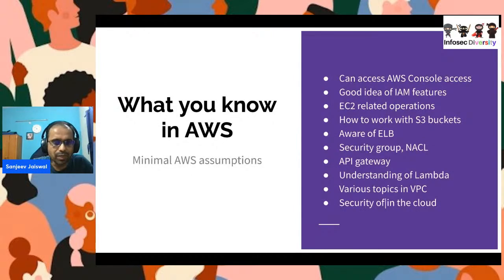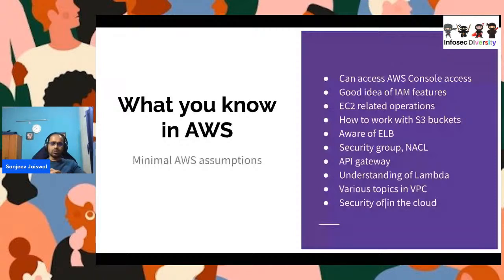So let's see what you should know in AWS before we start talking about pen testing of an AWS environment. I assume that you have used an AWS account and the AWS console, and you try to understand IAM, identity and access management. What things are there in the AWS console related to IAM, like users, groups, roles, and policies.